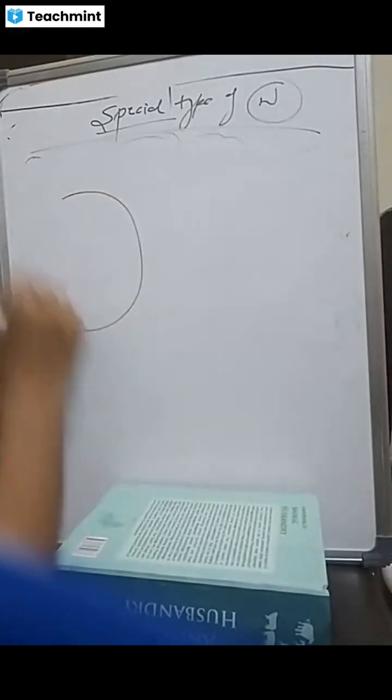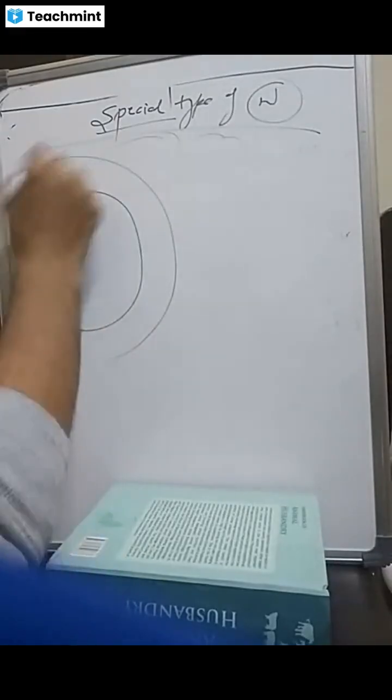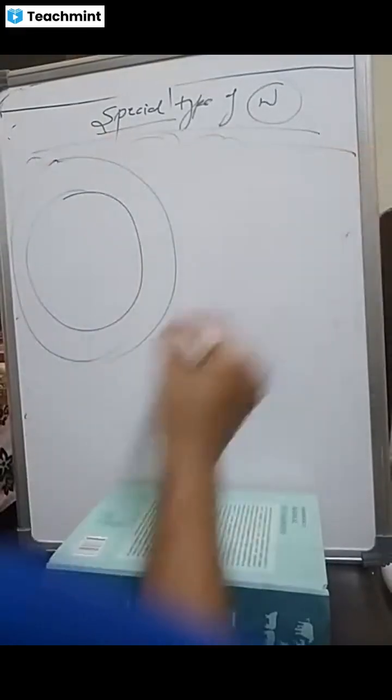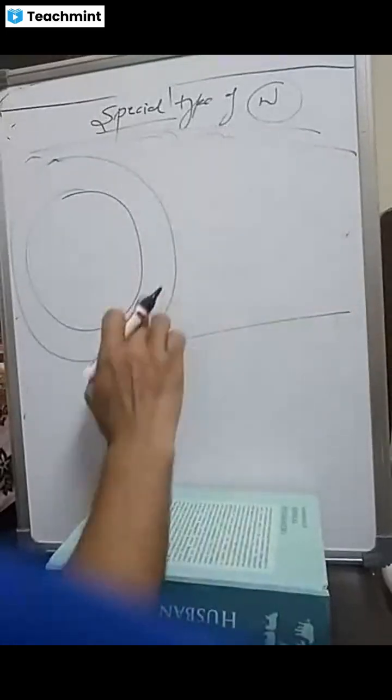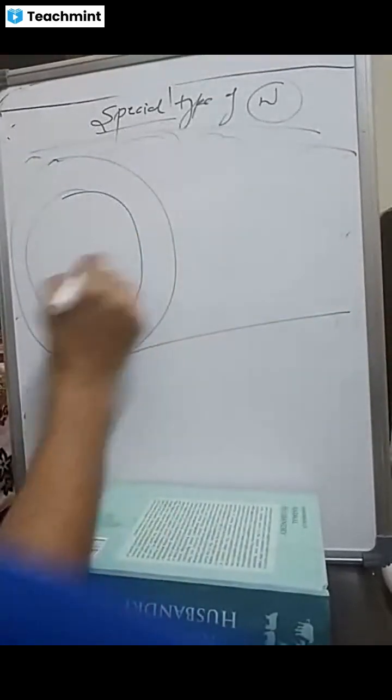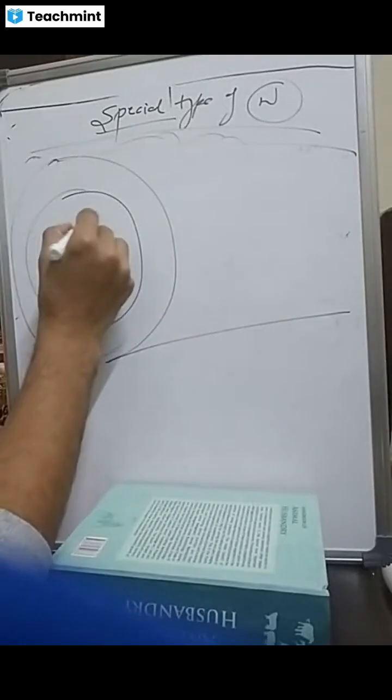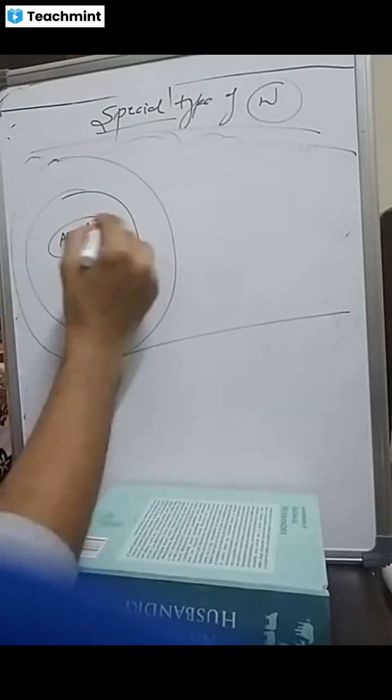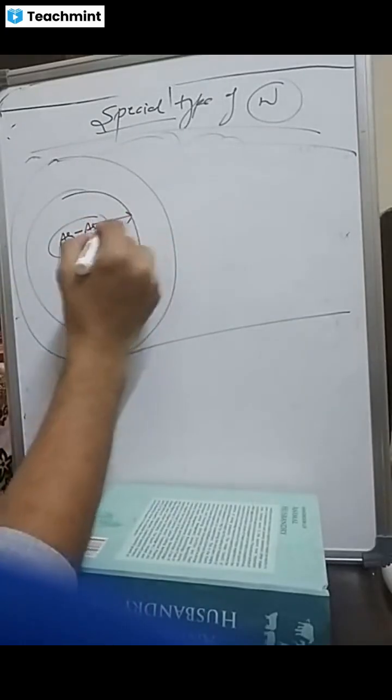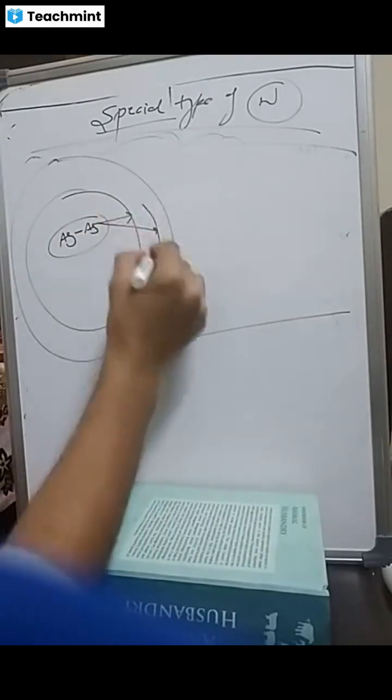So in case of fibrinoid, this is the blood vessel, this is the blood vessel wall. These are the antigen-antibody complexes. They damage the intima and they damage the tunica media.